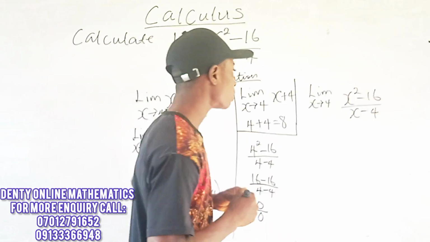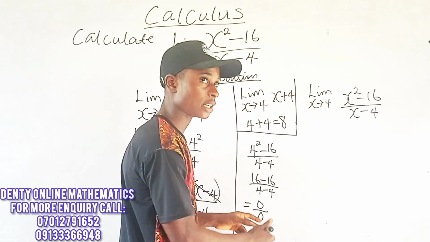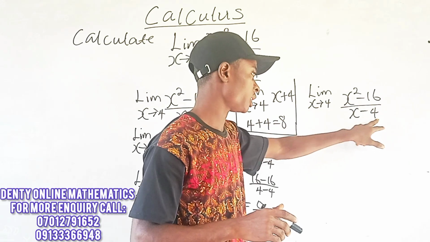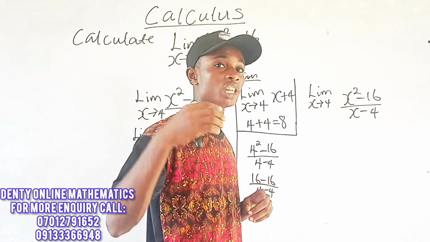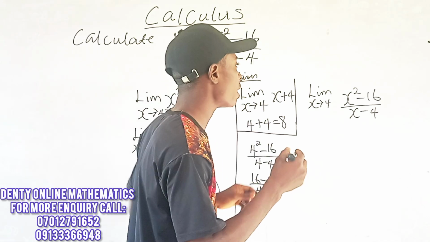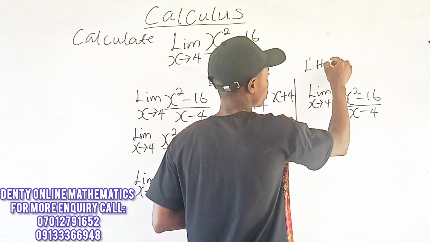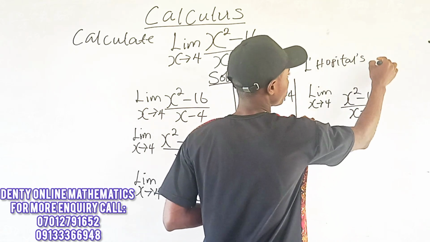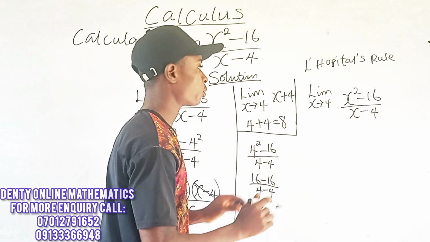Now, since we have seen that it is undefined, what you do is differentiate the up and differentiate the down. That means we differentiate the numerator, and at the same time we differentiate the denominator. Remember, this is called L'Hopital's rule. This is the rule we are using at this point.